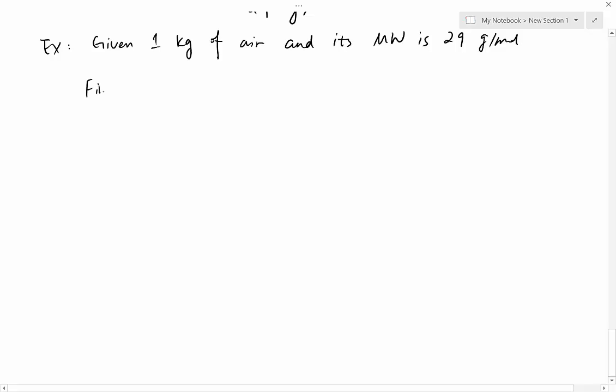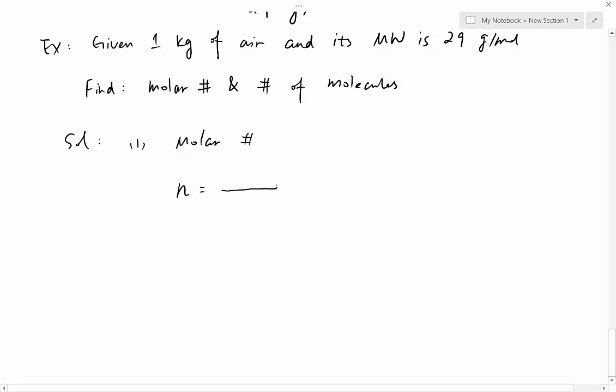What we want to find is the molar number and the number of molecules. Solution part 1, molar number. We use letter N for molar number. And if you can recall the definition of molar number from before, molar number is equal to mass over molecular weight.